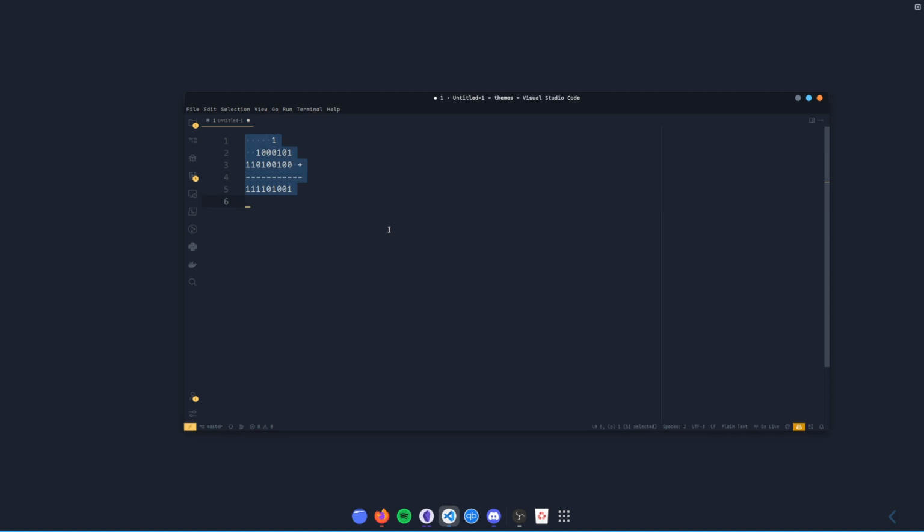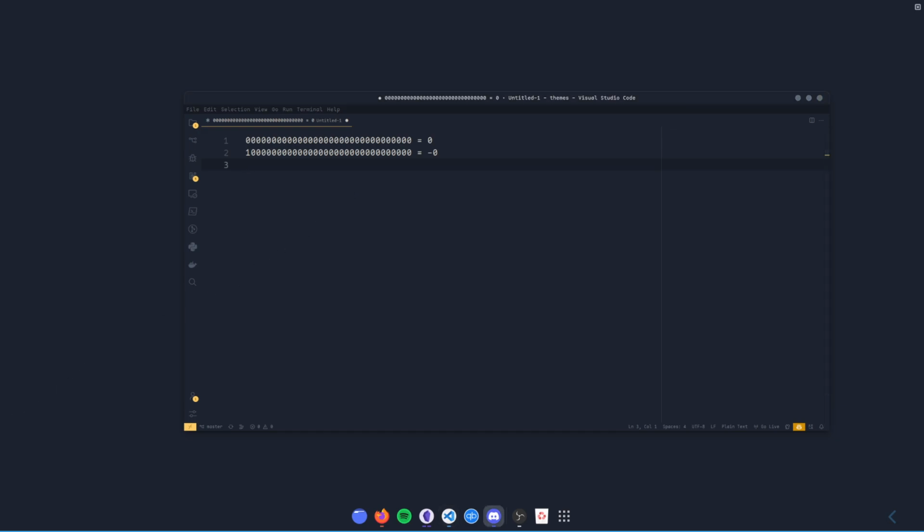So this would be 0, but you have also this number, and this would also be 0, but those are two different bit representations for the same number, and that's why it is sometimes referred to as -0. When you put these in, they will equal the same thing, but it's just a side effect of the standard.